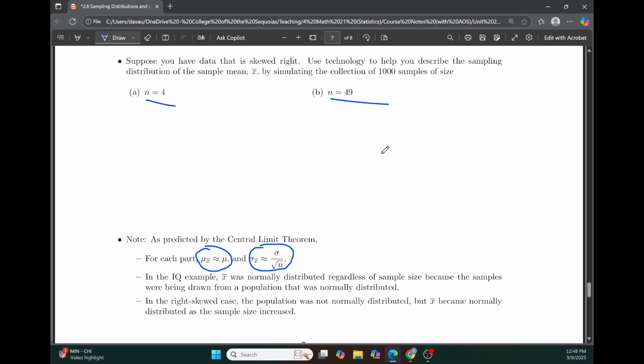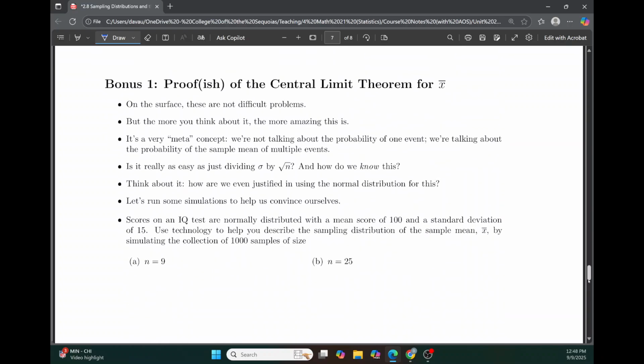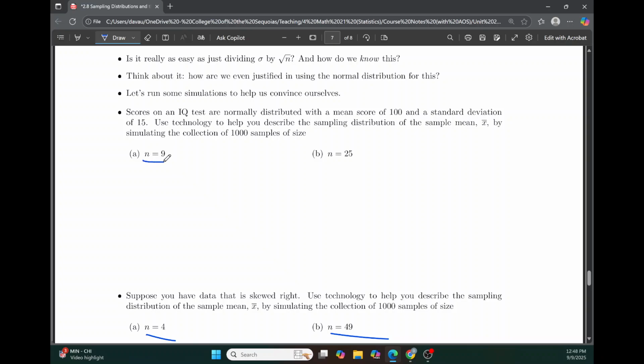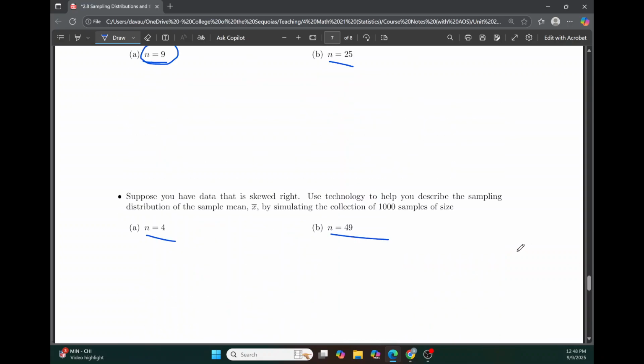And for the IQ example up here, even when we had a small sample size, like when n was 9, we still ended up with a bell-shaped distribution because the distribution we were drawing from was bell-shaped, okay? Whereas here we had a right-skewed distribution, okay? And so when we had a small sample size, the distribution of the sample means was right-skewed. But when we had a larger sample size, it became bell-shaped.